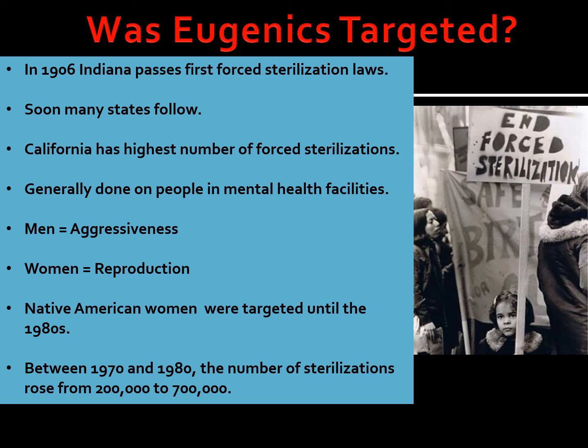For men, it was done to curb aggressiveness, and for women, it was done to curb reproduction. Native American women were targeted until the 1980s in reservation hospitals, and between 1970 and 1980, the number of forced sterilizations in the United States rose from 200,000 historically to 700,000.